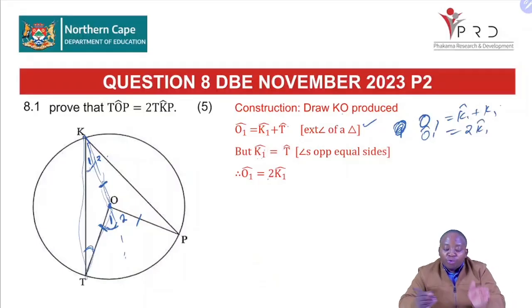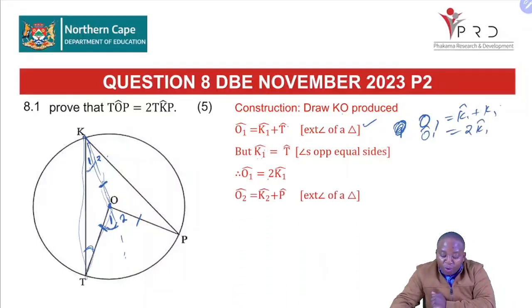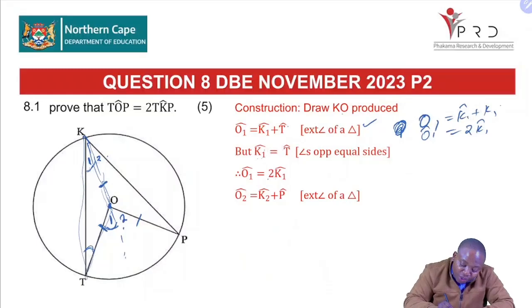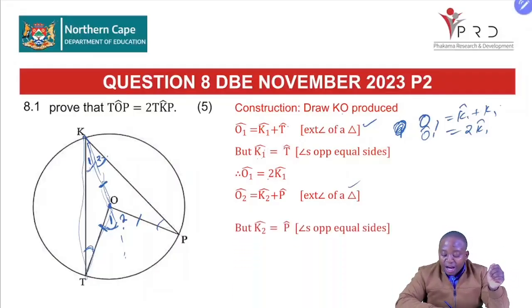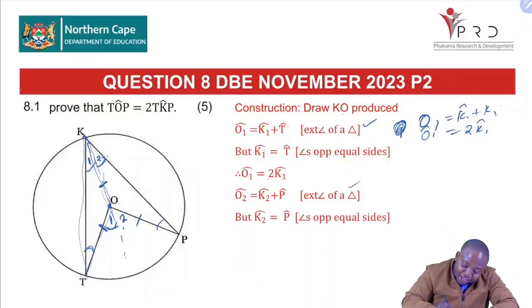The same thing we're going to do on the second triangle. We are going to say O2 equals K2 plus P, which is the exterior angle of a triangle. The same thing I did on my first triangle, I will also now remember that K2 and P are equal, angles opposite equal sides.